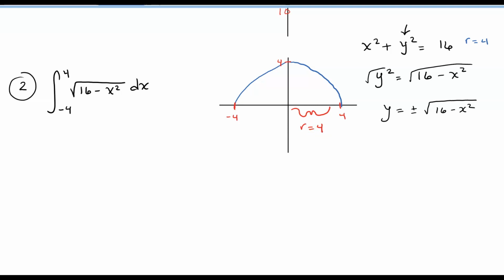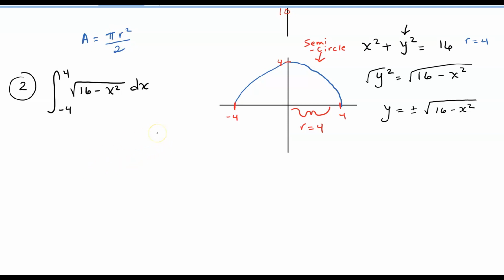So how would we find the area under the curve of a semicircle? Well, we know that for a circle, the formula for area is pi r squared. So for a semicircle, it would have to be half of that.